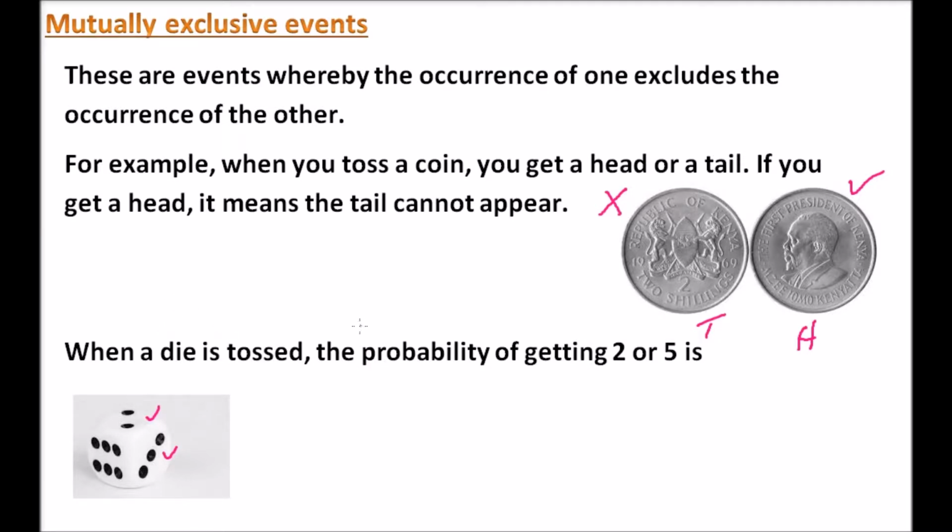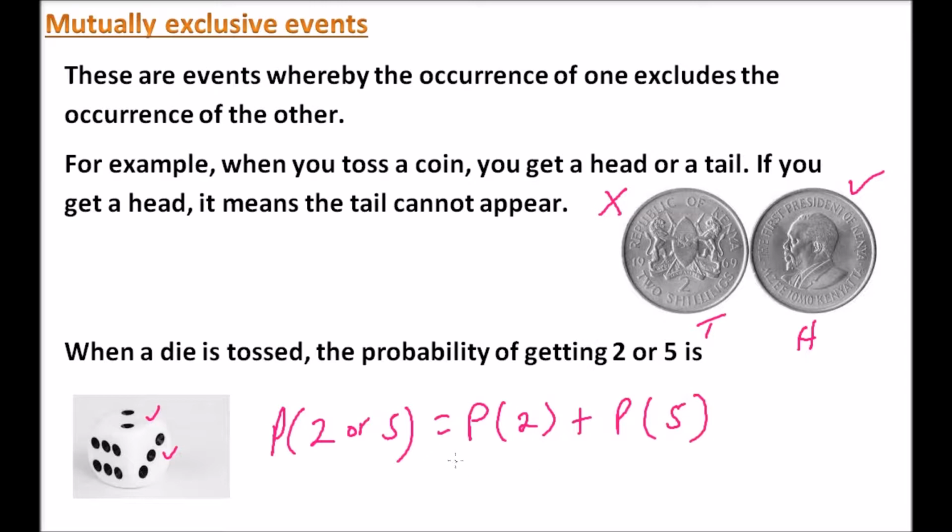So when you toss a die, the probability of getting a 2 or a 5 is equal to the probability of getting a 2 plus the probability of getting a 5. Because there are 6 sides, the probability of getting a 2 is 1 out of 6, plus 1 out of 6, which is 2 over 6, giving you a third.